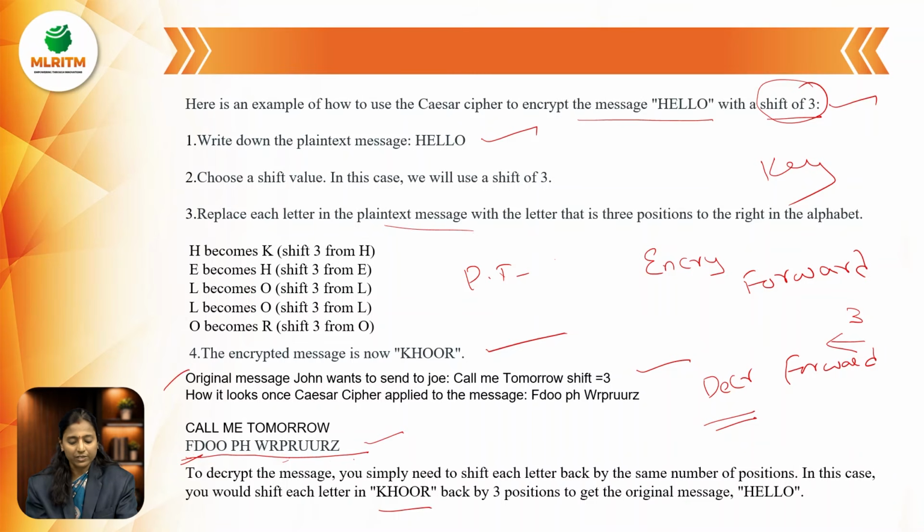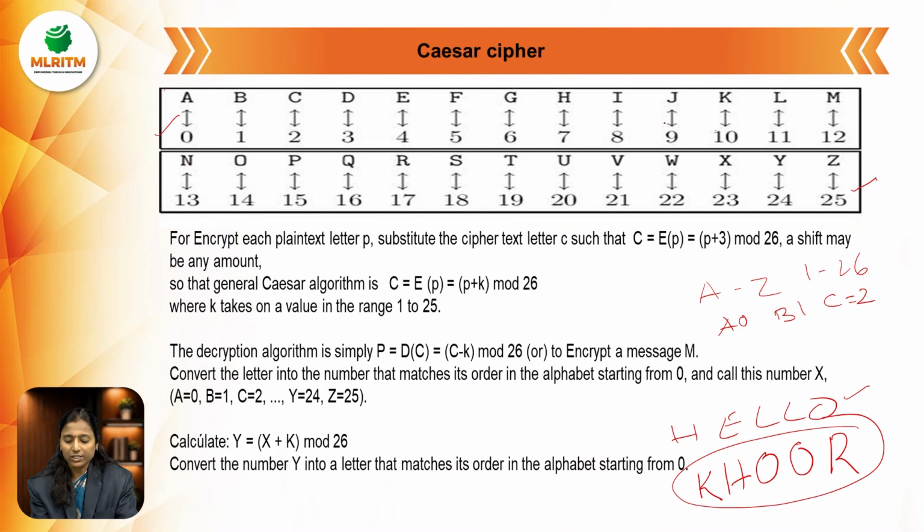Here, the first one is K. K is shifted backward: J, I, H. Then next, H is shifted back: G, F, E. The next, O is shifted back: N, M, L. Then next L. Then R is shifted back to O. In this process, we go from cipher text to plain text.